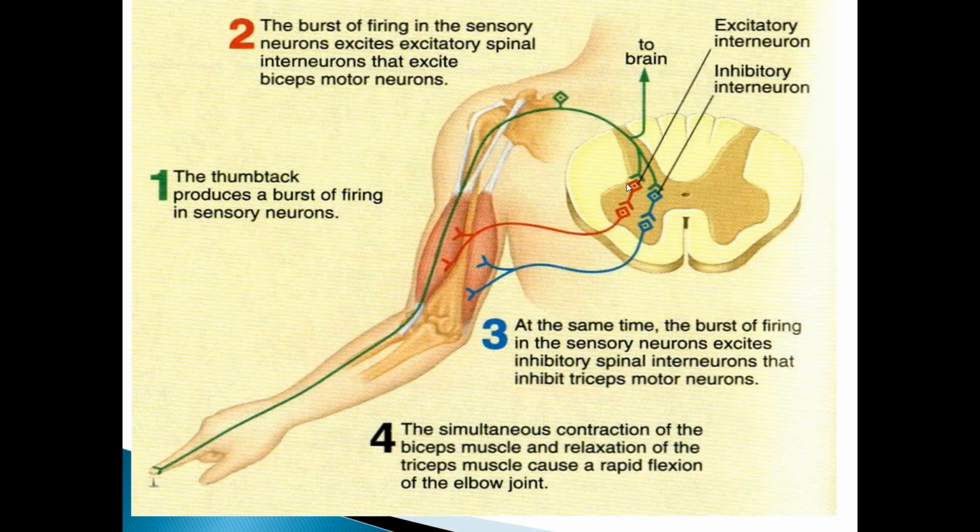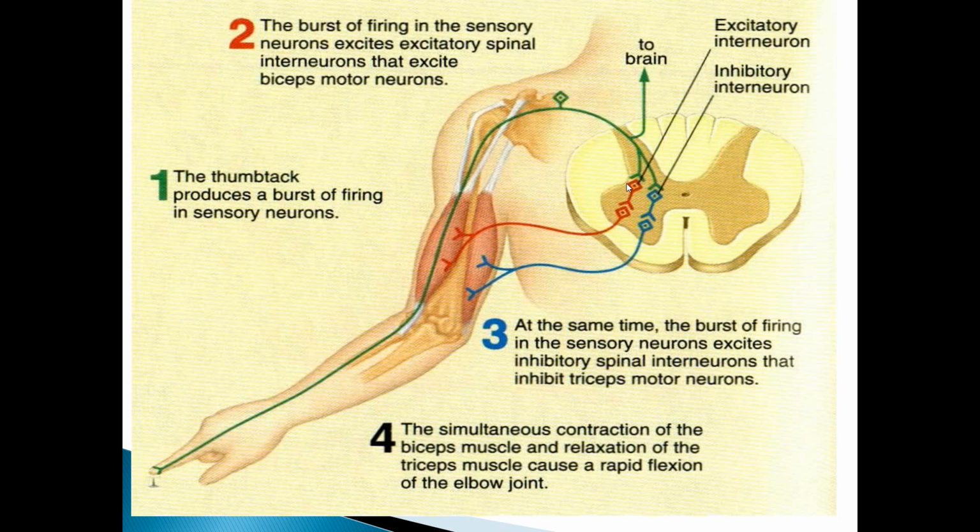Now the first point is that there is a thumbtack producing a burst of firing in the sensory neurons. This is going to lead to the burst of firing in the sensory neurons exciting the excitatory spinal interneurons that excite the biceps motor neurons.